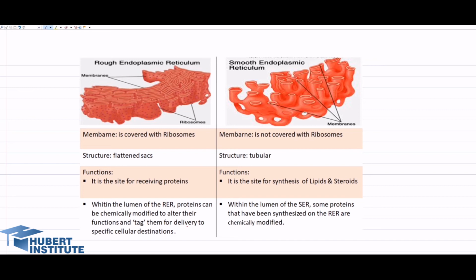RER is the site for receiving proteins, while the SER is the site for synthesis of lipids and estrogen. And as you see, both structures are involved in post-translational modifications, in which proteins can be chemically modified in order to mature or get ready for their destination.